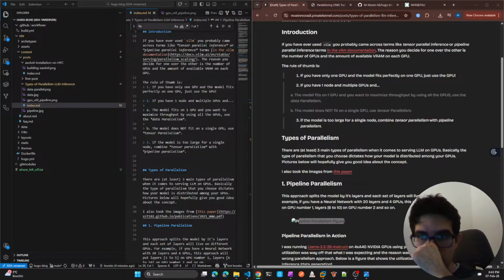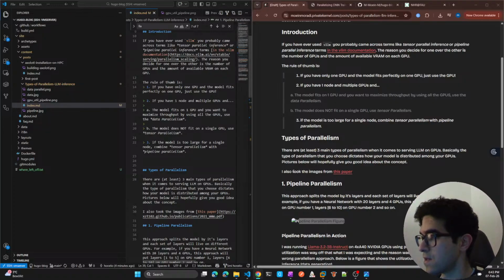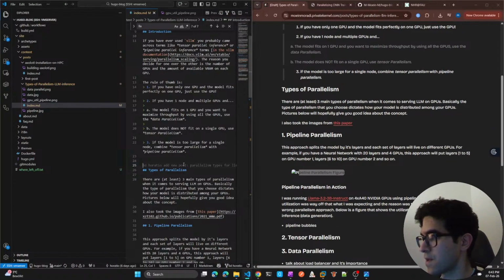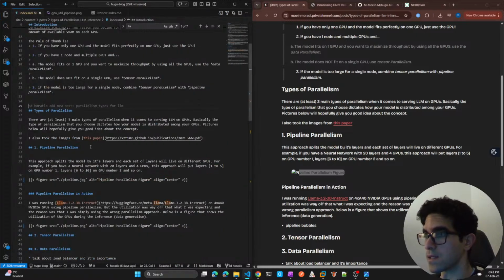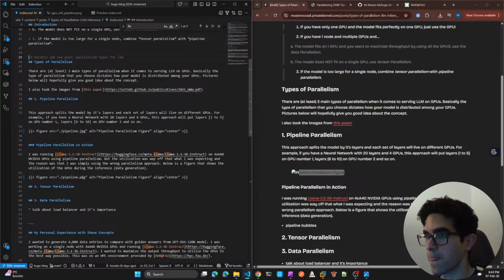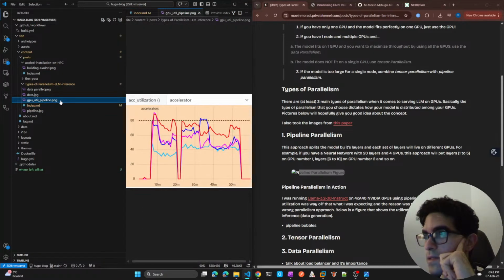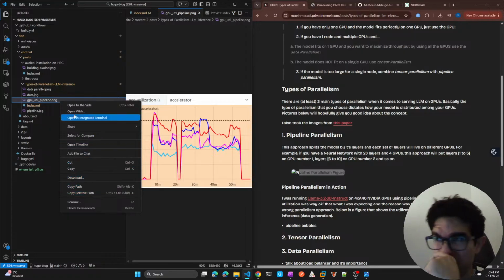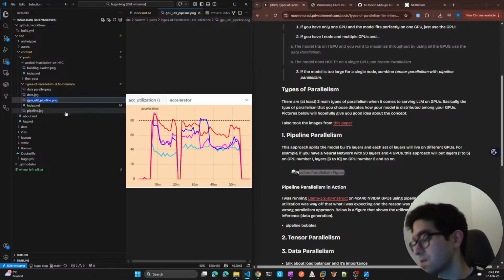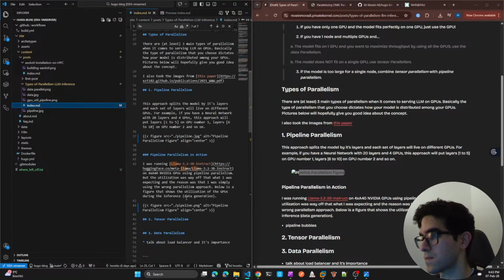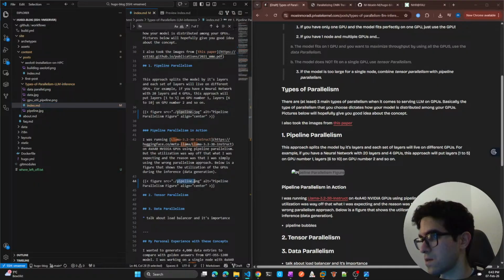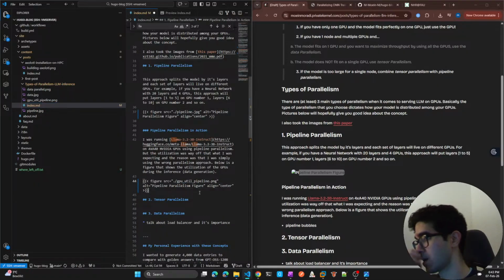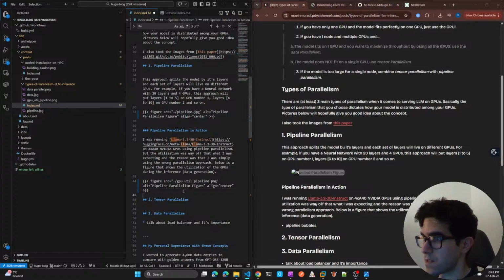Okay. What else? And then I also want to copy, also copy the name. There's a figure shows the utilization of the GPUs during the inference.